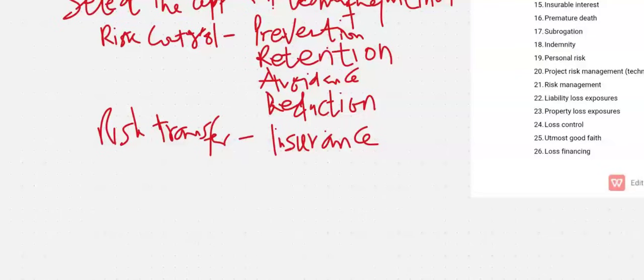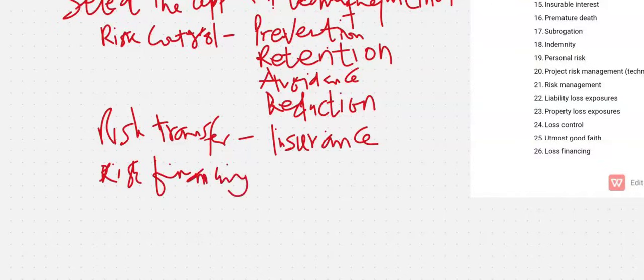Among all this risk control, we have risk financing. Another way you can call risk financing is loss financing. So for risk financing, we go with insurance.